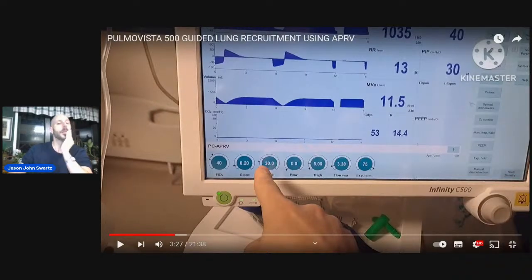And the 75, what it means is that the recruitment that is occurring with the pressure over time with your P high and your T high, Dr. Nadir Habashi and his team in their labs have shown on pig models that if you stop the release at 75% of the peak expiratory flow, it will maintain the recruitment that's occurred on the P high and T high levels.